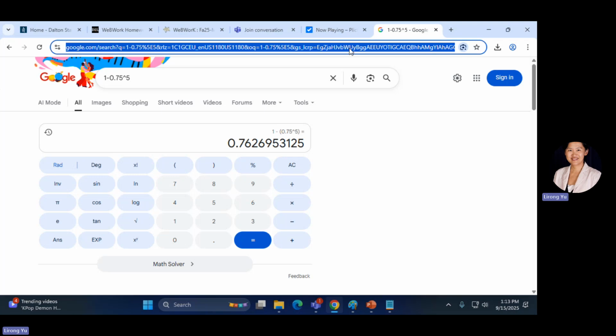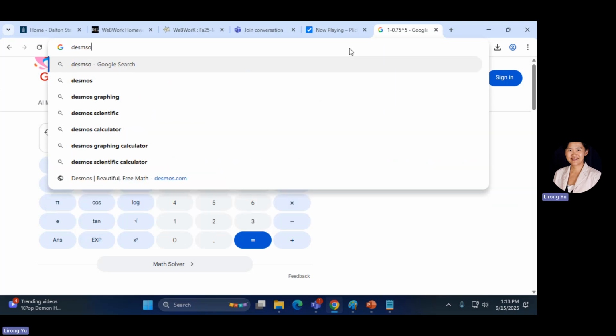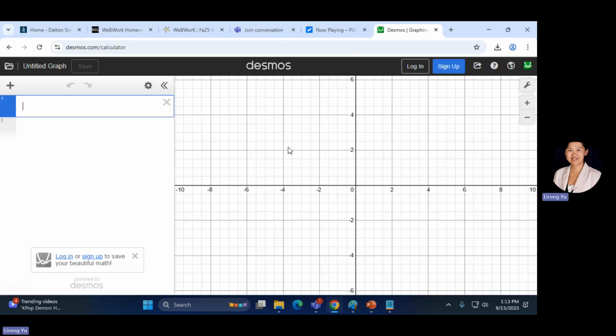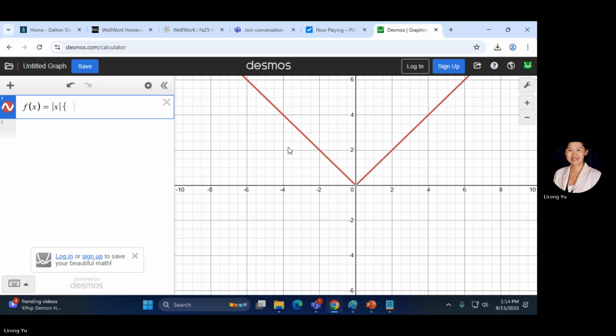Let's see, we can graph it. So we have a function that goes absolute value f of x. That's the density function equal to the absolute value of x. And we want x to be between -1 and +1.